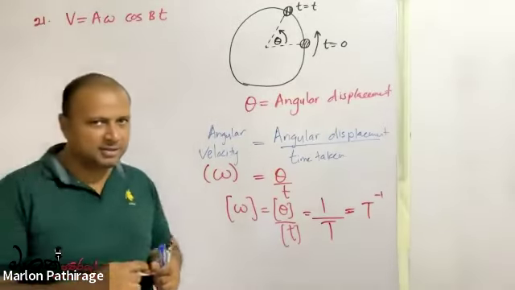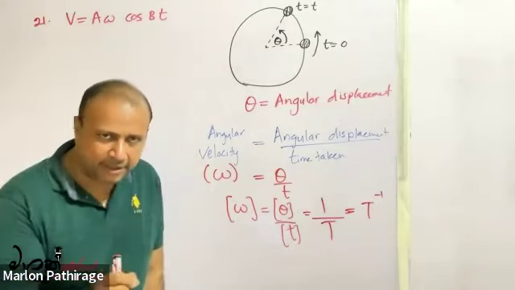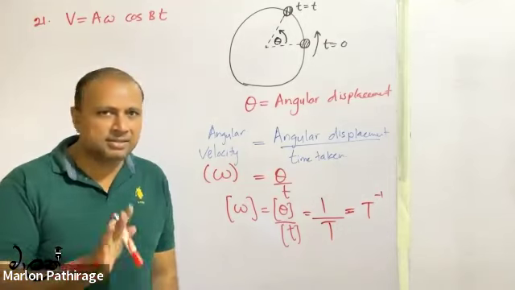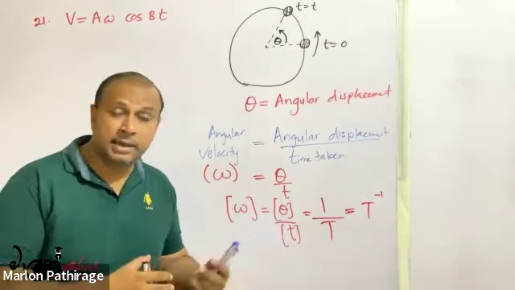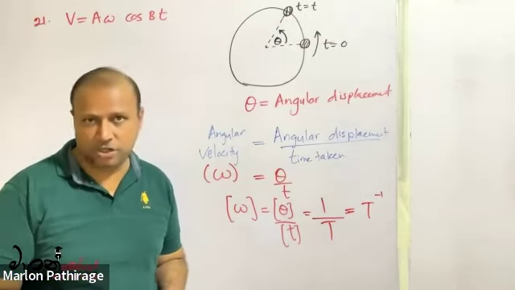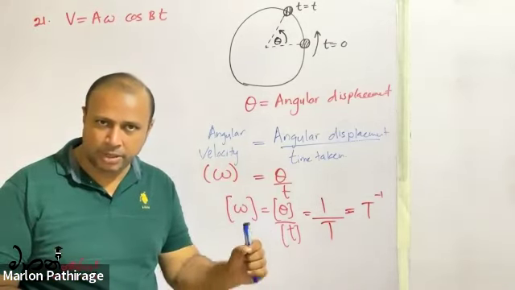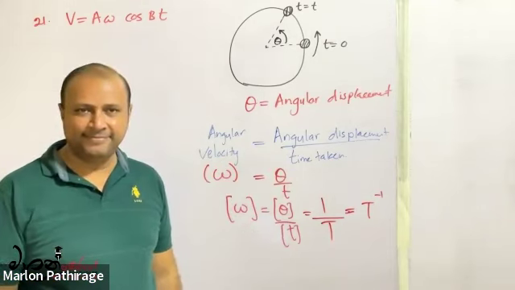T minus 1. But remember one thing, although the angles have no dimension, okay, they have a unit, radian.